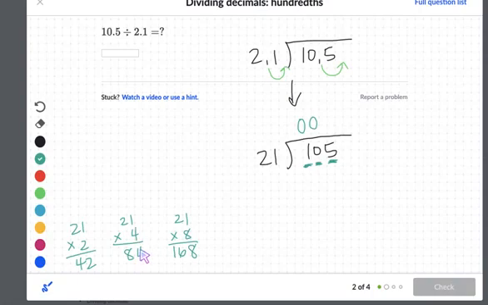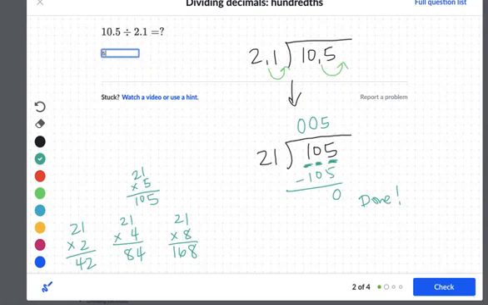Let's see. 84 is close to it. Let's try 21 times 5. That might be better. 5 times 1 is 5. 5 times 2 is 10. Perfect. So that's 5. And we're going to subtract that and get nothing for our remainder. So that means that we're done. So our answer here is 5.